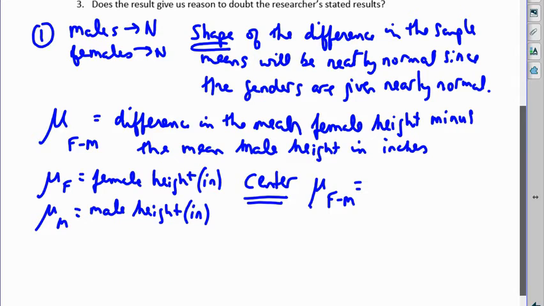They were 56.4 minus 55.7, which is 0.7 inches.